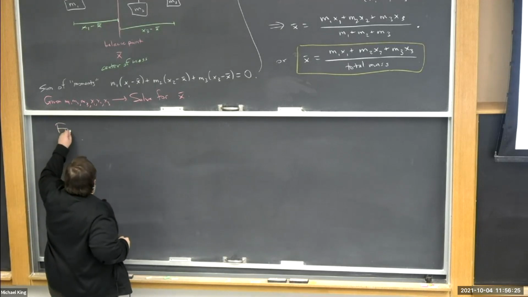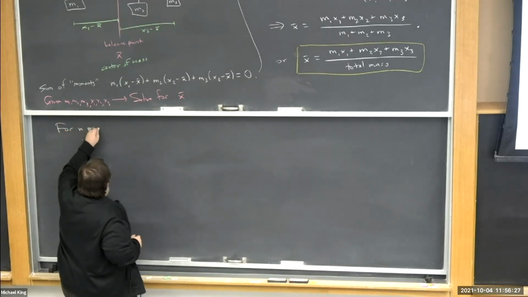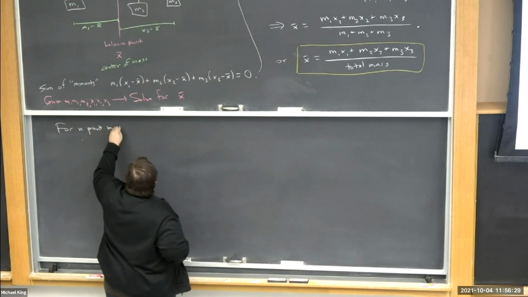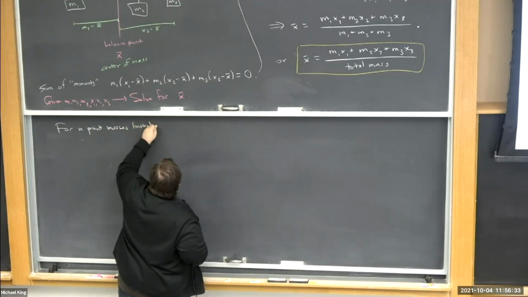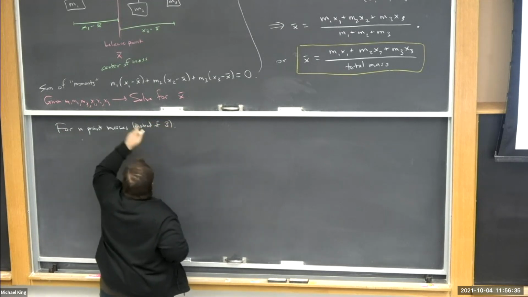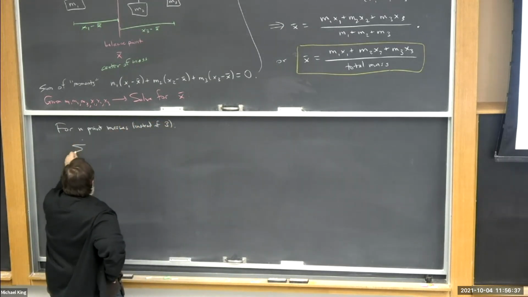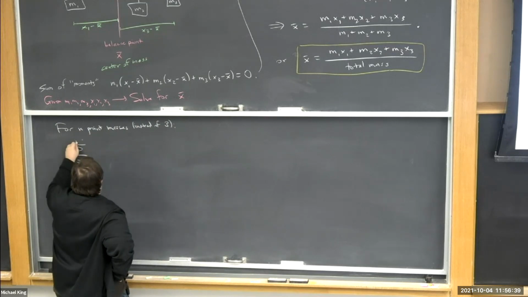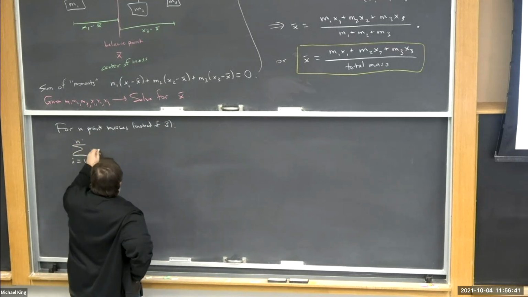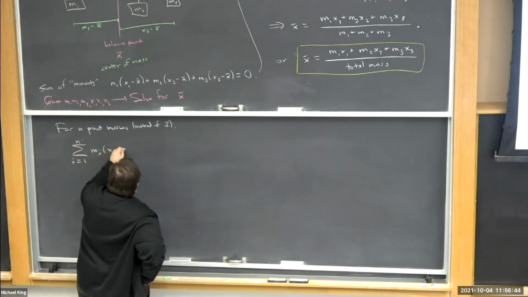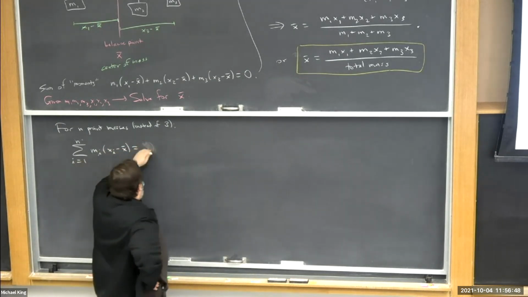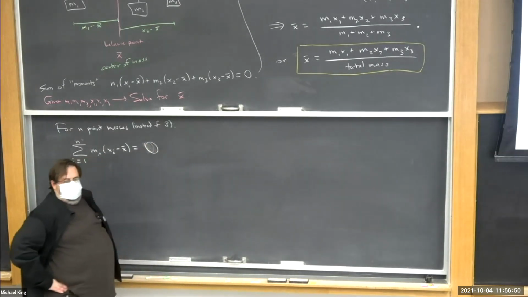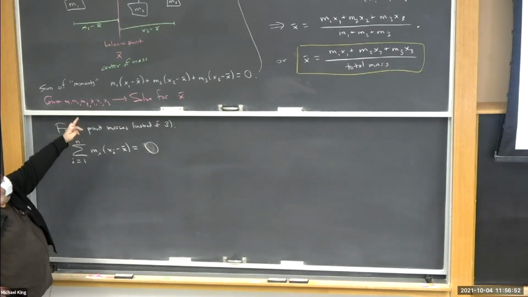So for n point masses, instead of 3 here, what we would have is the sum i equals 1 to n of mi times (xi minus x bar) equals 0. Right, that's just the analog of that formula I wrote up there.